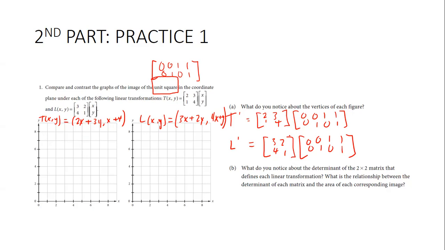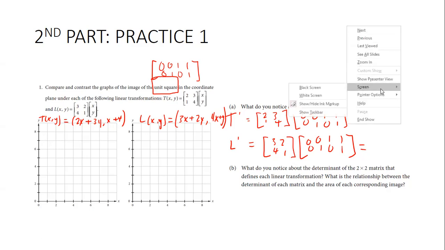That's option number 2. Option number 3 is we can use our TI-84 and plug in the matrices. And option number 4 is we can use desmos.com/matrix, correct? So we have all these means of finding the vertices. Does it matter which one we use? No. Okay. So for me, I'm going to go ahead and use Desmos, and you can use whichever you want.